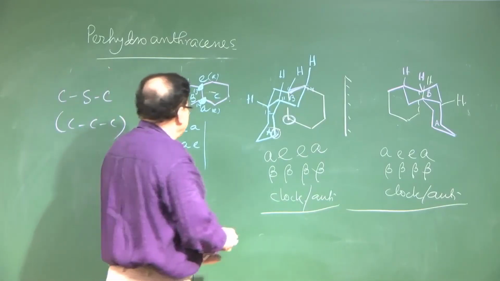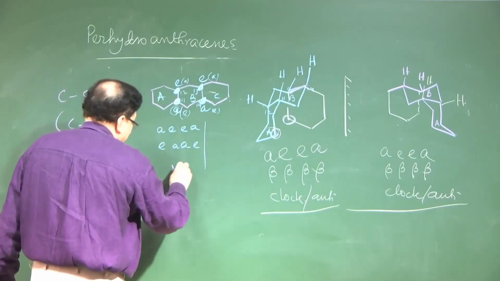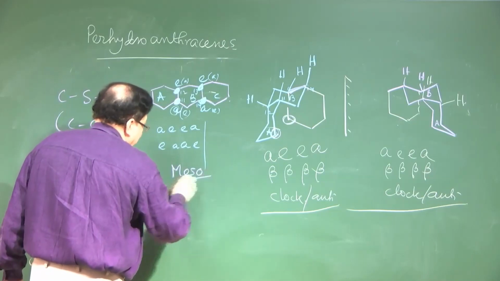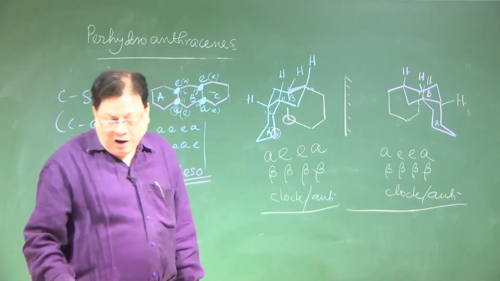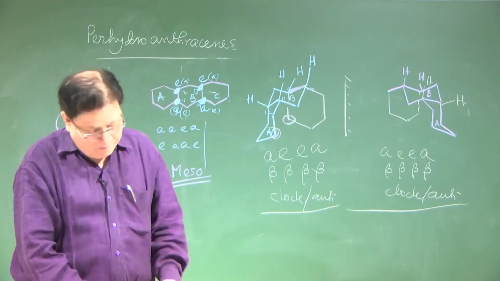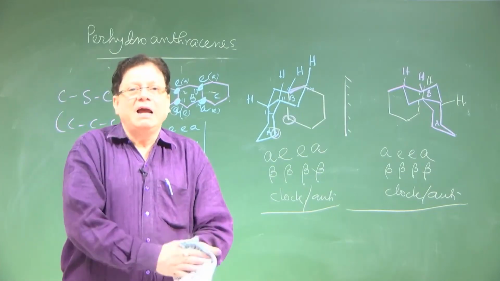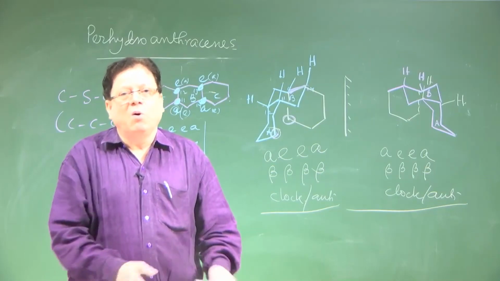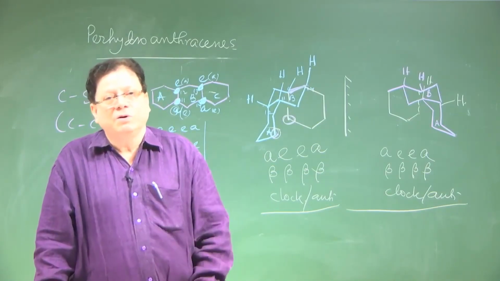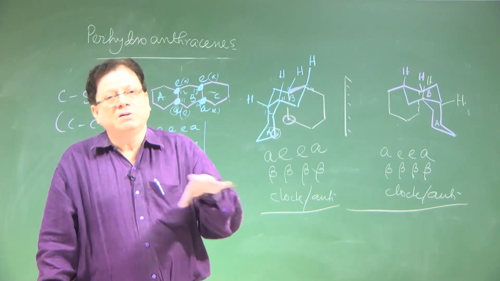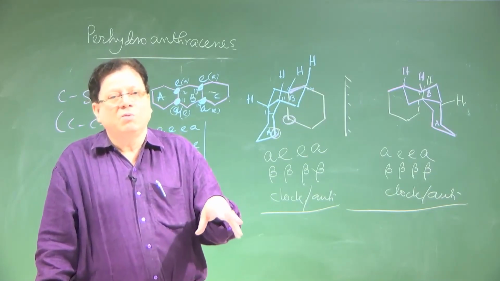So, that means this is a true meso, as I have already said in the case of perhydroanthracene, because of the AAAA system. So, all are becoming meso, here a true meso. Okay. That means the mirror image is superimposable with the original one.